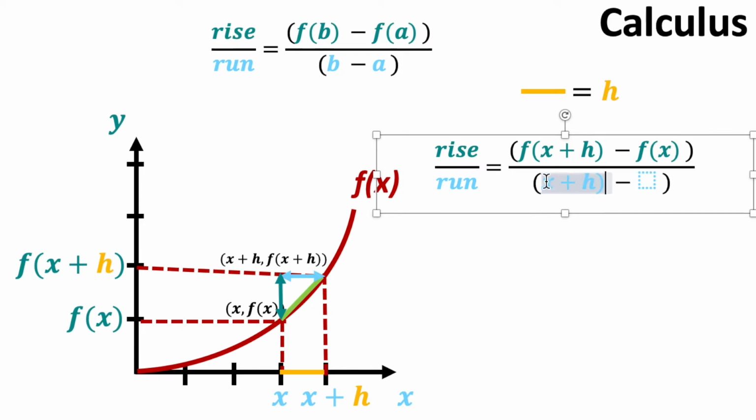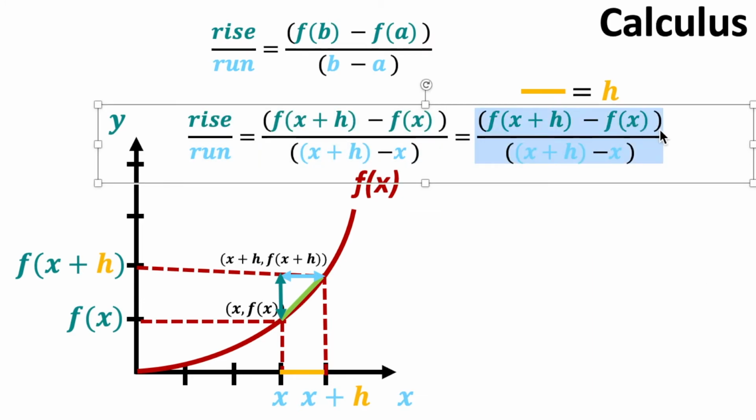I'll just put brackets to make it a bit clearer. And then our second value here is just x, sorry. So the larger value is x plus h, and our smaller one is x. So we can write x here. And then from here, we can actually simplify this equation.